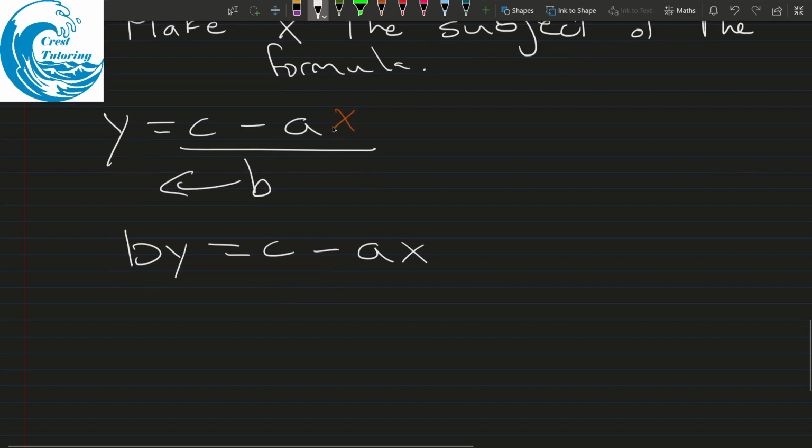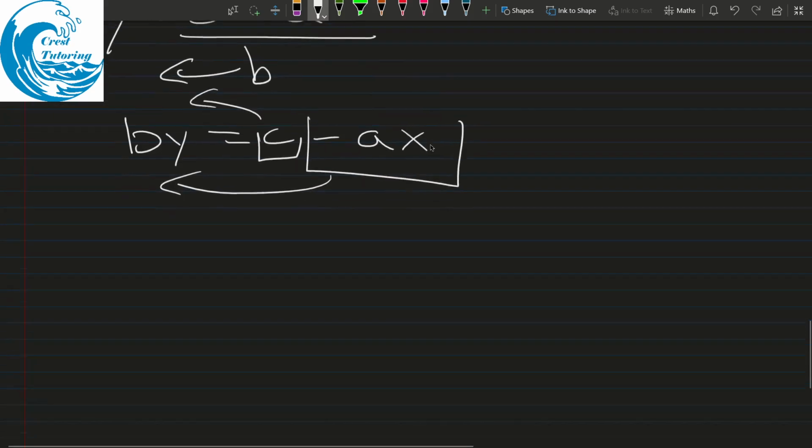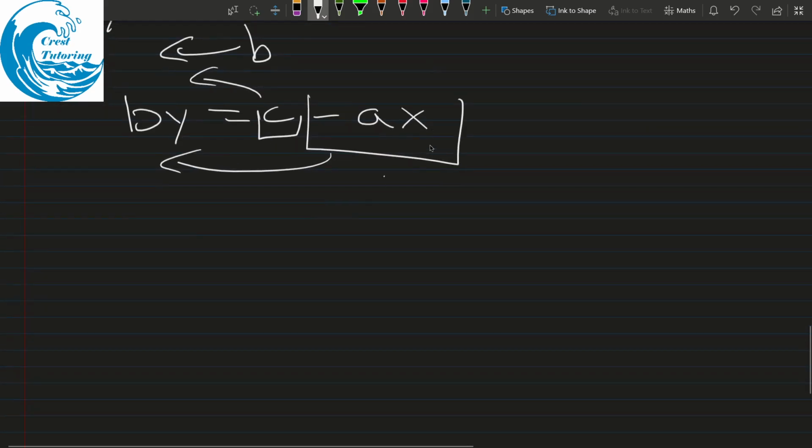Then what I need to do next, another one that's quite easy to spot, is, well, you have two choices. We can either bring over the ax, which is absolutely fine, or we can bring over the c. So what I'll do is I'll split it into two, and we can just do both answers, just in case you did either way.